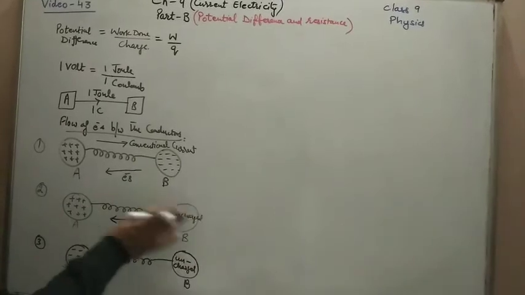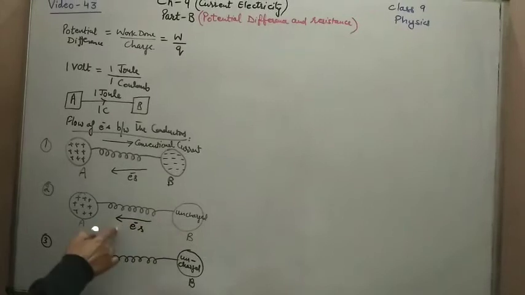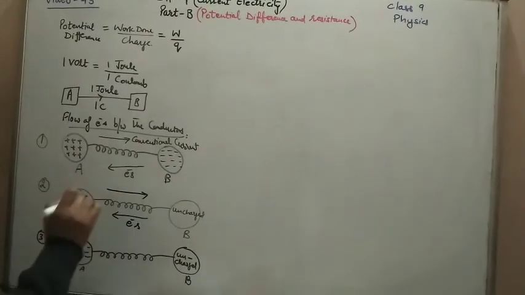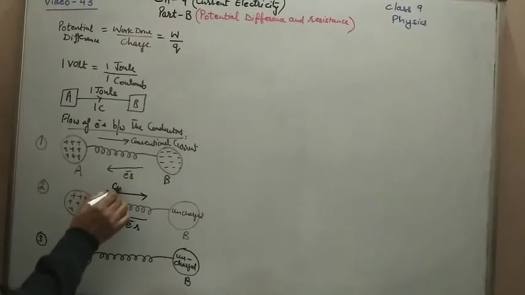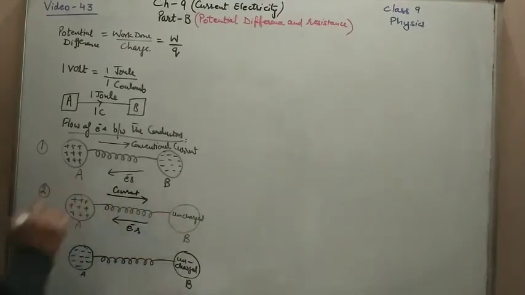So electrons will flow from B to A and conventional current will take place in the opposite direction, that is the flow of positive charge from A to B.